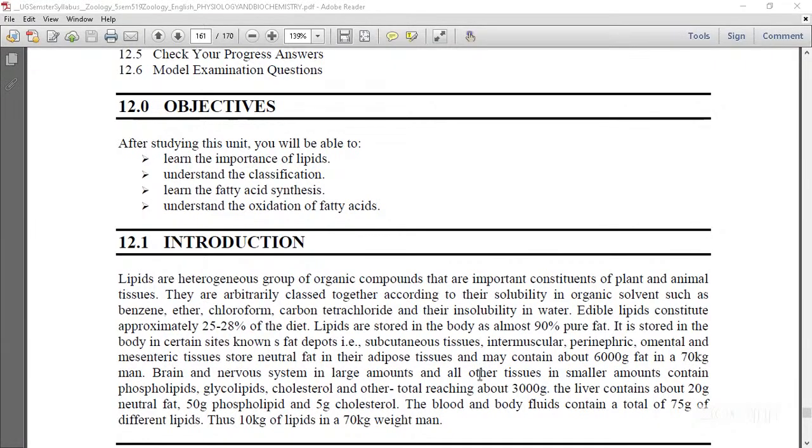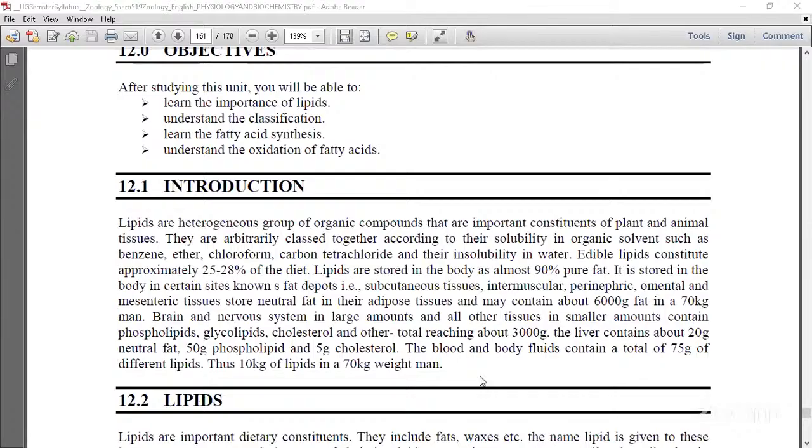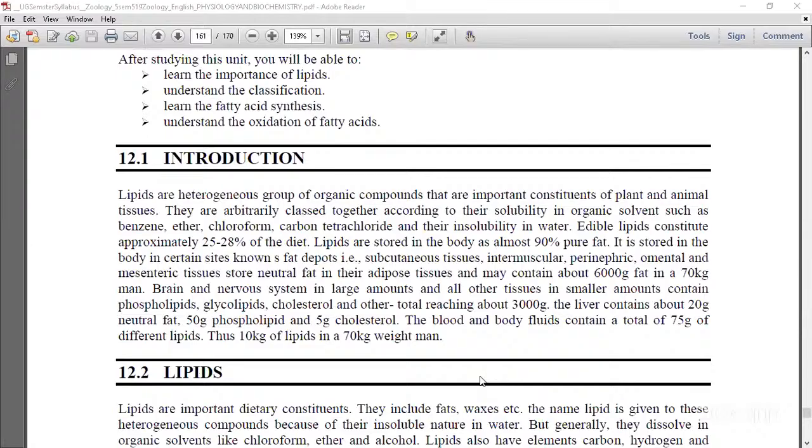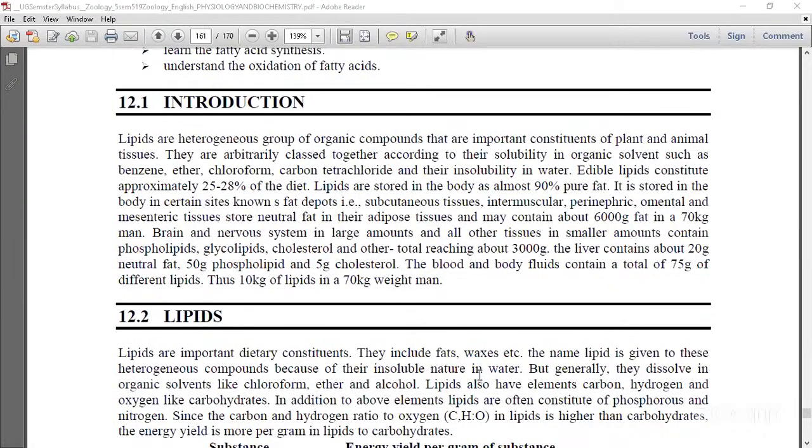The blood and body fluid contain 75 grams of different lipids, thus 10 kg of lipids in a 70 kg human. If a human weighs 70 kg, they will have about 10 kg of lipids. Here the lipids are important dietary constituents.